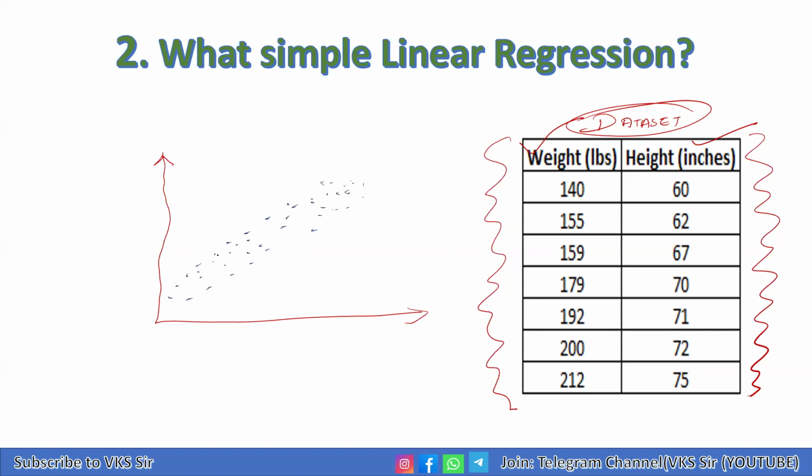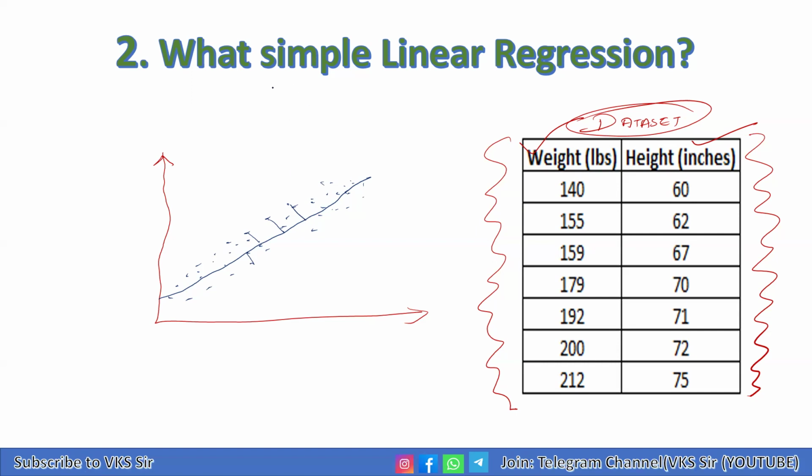According to these data points, our goal is to draw one line so that the line is like the average of these points. If you measure the distance between the data points and this line, the distance should be minimum. You get my point?